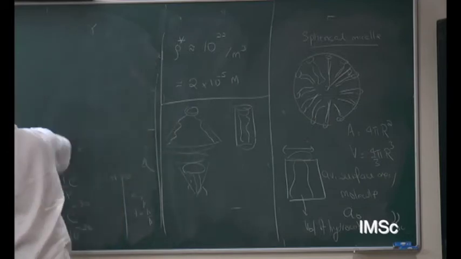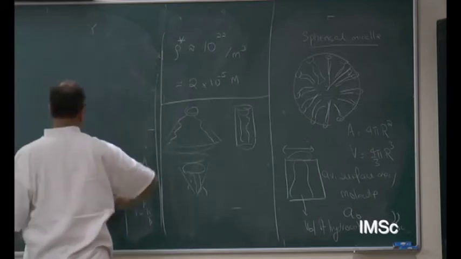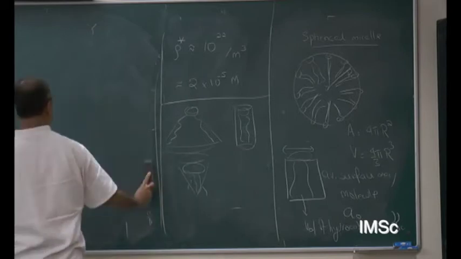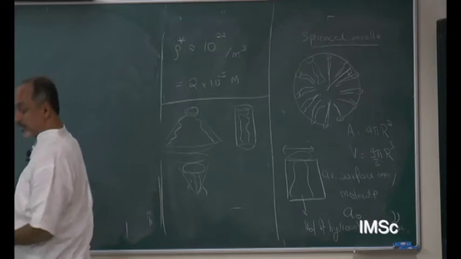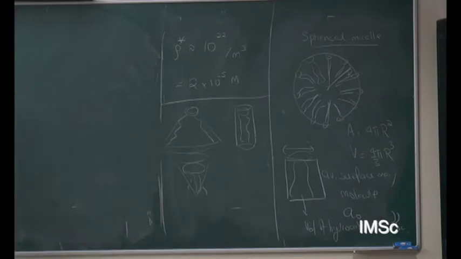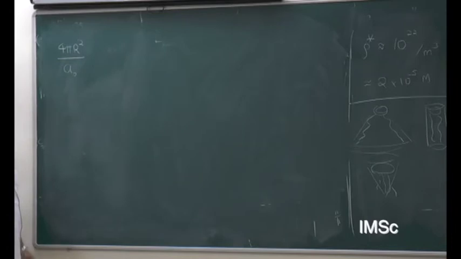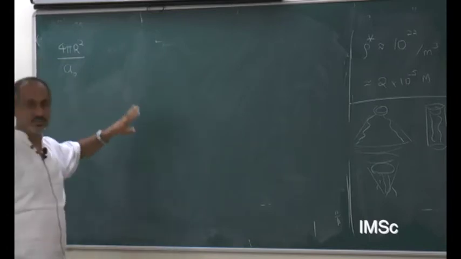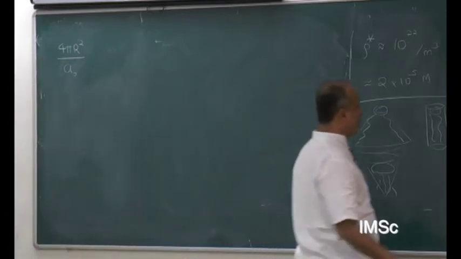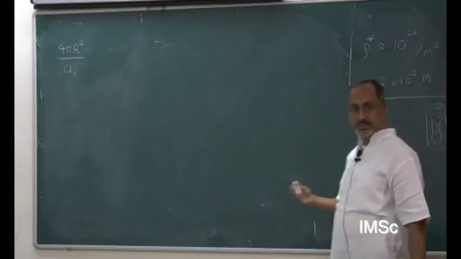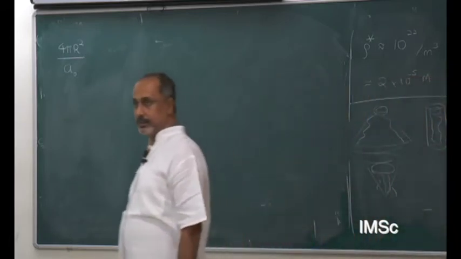So one condition is that if all of these molecules are to pack tightly into forming a spherical micelle, then the number of molecules is obtained by taking the surface area 4 pi r squared and dividing it by the area of one of these. If I take the total surface area and divide it by the area occupied by one of these molecules, I should find the number of molecules inside.